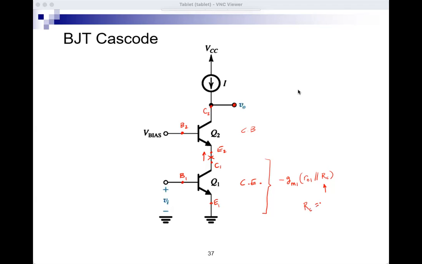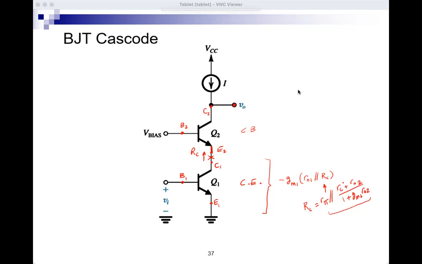What you will see is r pi in parallel with small rc plus RO, in this case RO2, divided by 1 plus gm2 RO2. So this is from the formula sheet. So this is RC. If you're looking into the emitter of Q2, you will get this formula from the formula sheet.